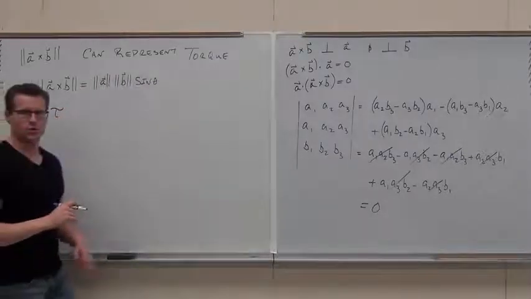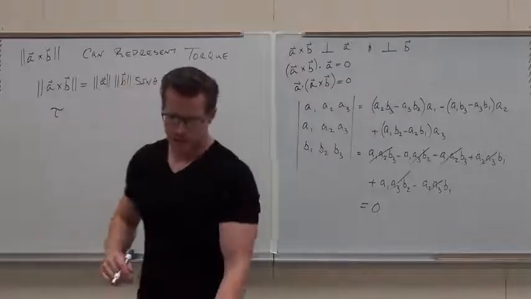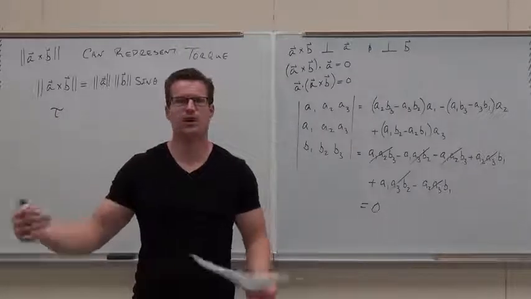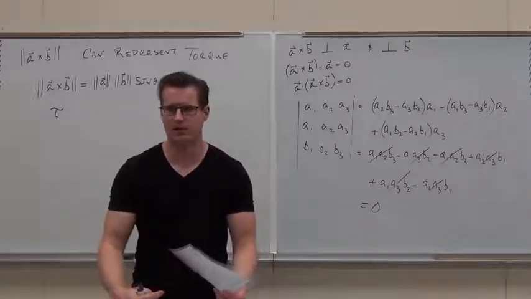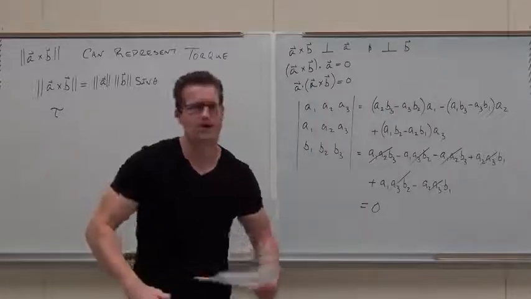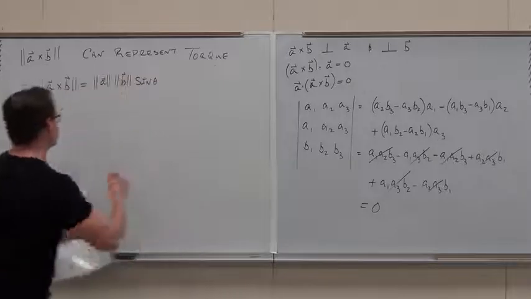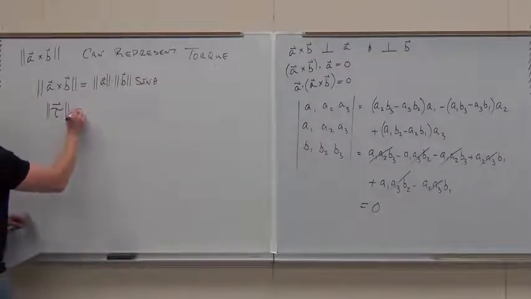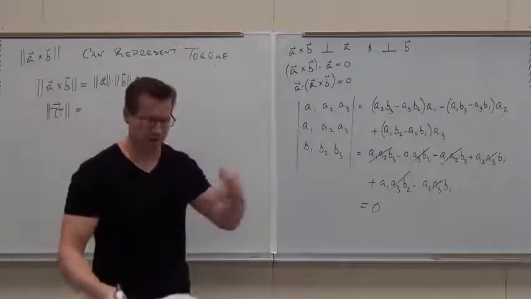It says if we have torque, now torque can be thought of as a vector also, but we're going to focus on the magnitude of the torque, what you're actually getting out of it, okay? How much you're torquing that bolt, what you're actually doing. So when we take that torque vector, how can we think about torque?